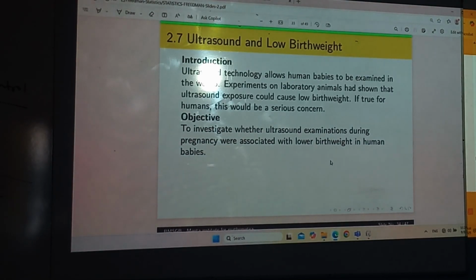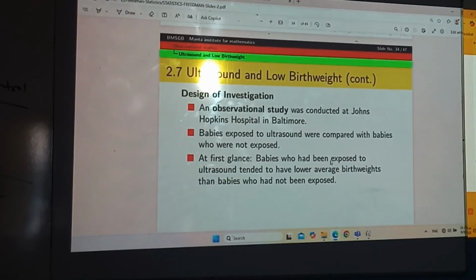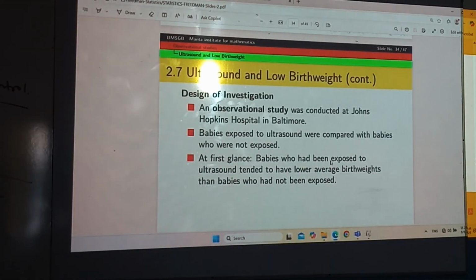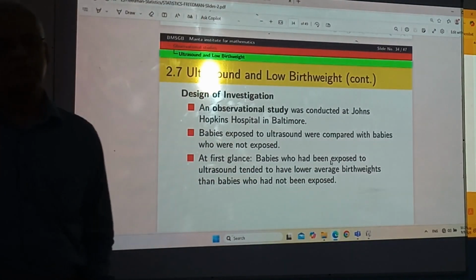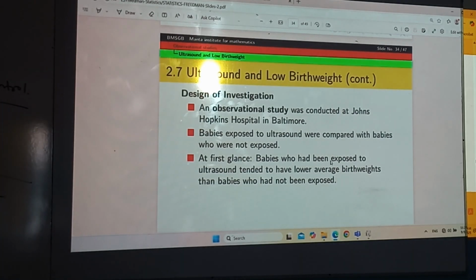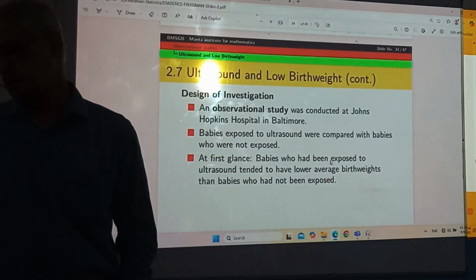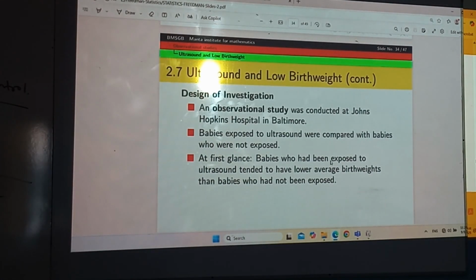So therefore, they wanted to investigate whether ultrasound examinations during pregnancy were associated with lower birth weight in human babies. So they carried out some observational study, not an experimental study again. Some babies were exposed to ultrasound before the birth, and some babies were not exposed. So there were two groups, but they were not randomized or controlled.